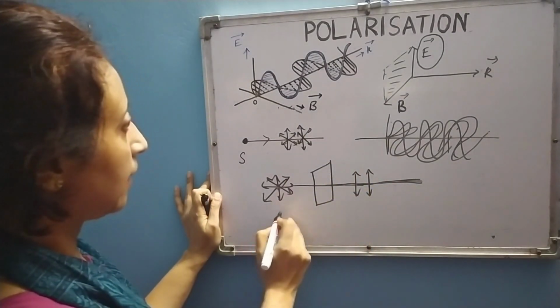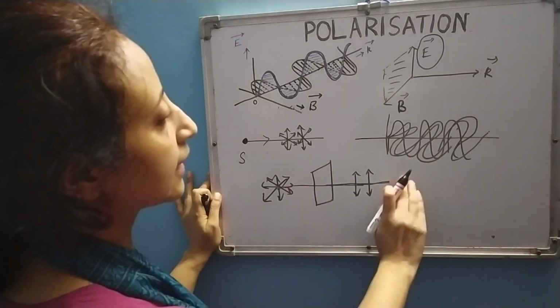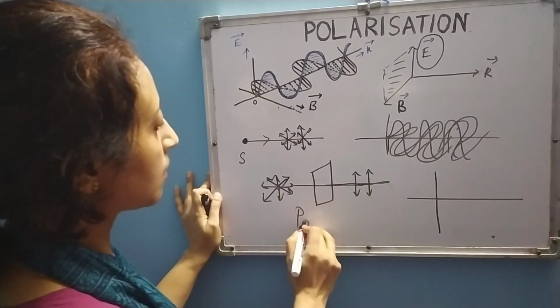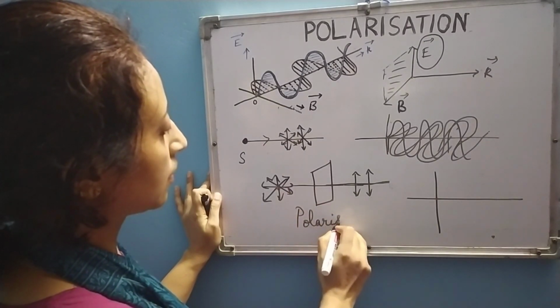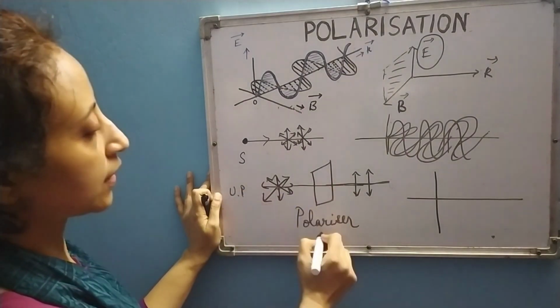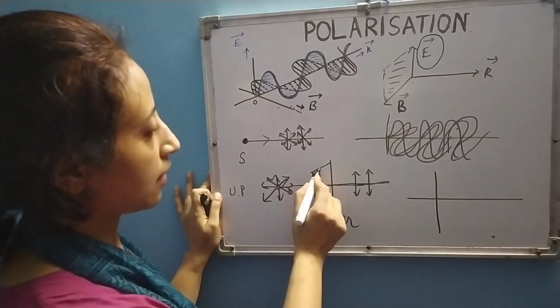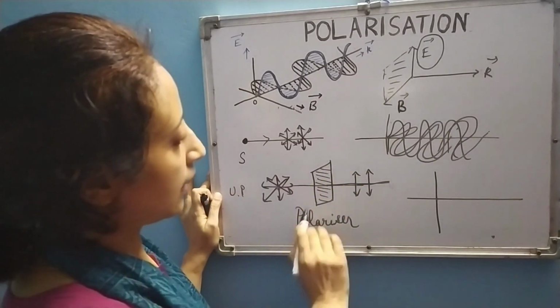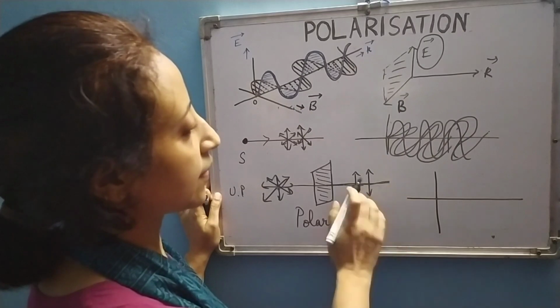That means if we have original something like this, then after it is passing through this medium called polarizer, and we will be discussing what is polarizer later on. Then what happens? Vibrations are restricted to one plane.